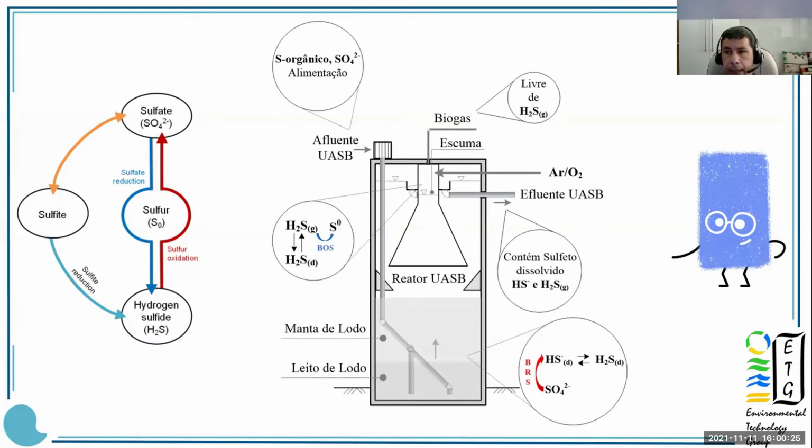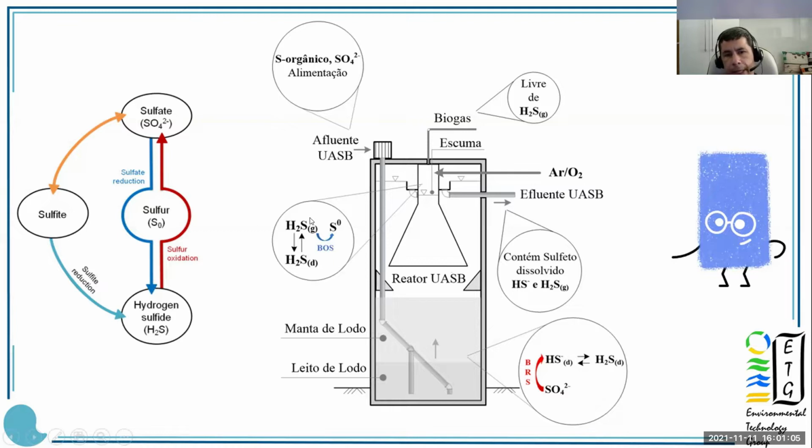And we know that hydrogen sulfide is the part of the sulfide that causes odor problems in sewage and wastewater treatment plants. If we have sulfate reduction occurring in a UASB reactor like this, we have the formation of dissolved sulfide, and due to the pH-dependent equilibrium, part of this dissolved sulfide is transformed into hydrogen sulfide.